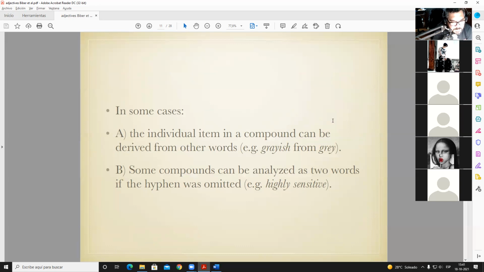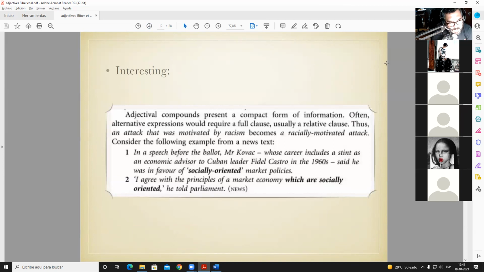Some compounds can be analyzed as two words if the hyphen was omitted: highly sensitive. Yeah, obviously, because you are breaking the orthographic rule, right? Adjectival compounds present a compact form of information. Often, alternative expressions would require a full clause, usually a relative clause. Thus, an attack that was motivated by racism becomes a racially motivated attack.